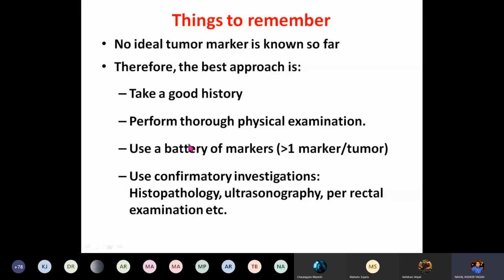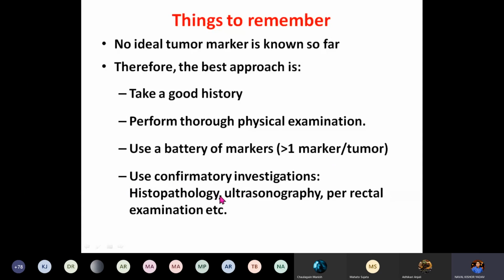That's why you can rely on these three, which are in your hand, which you can get much faster. History is in your hand. Physical examination is in your hand. And these tumor markers, you can get the report faster than the histopathological results. It will take around 7 days. If you do it very fast, it will take 3 to 4 days.